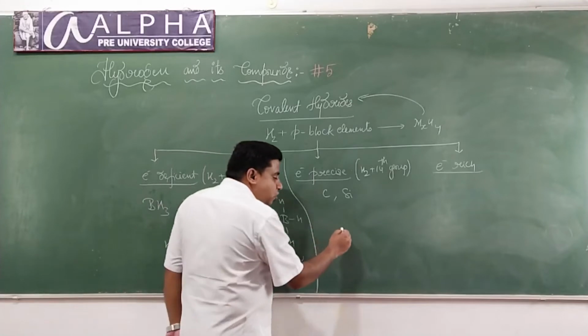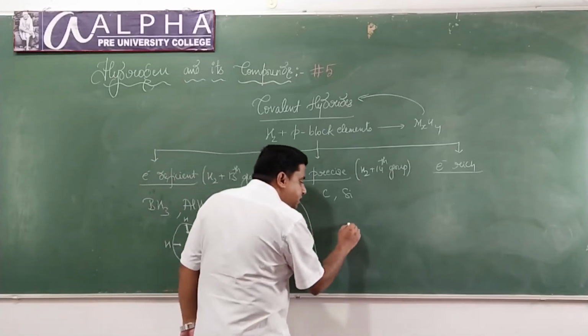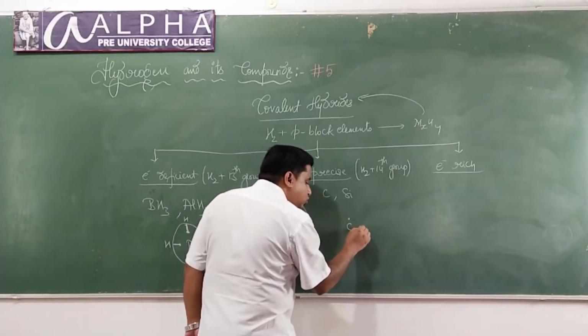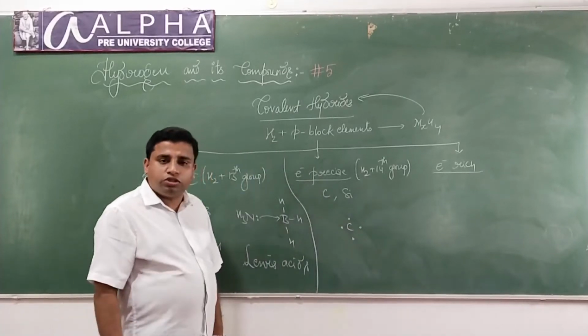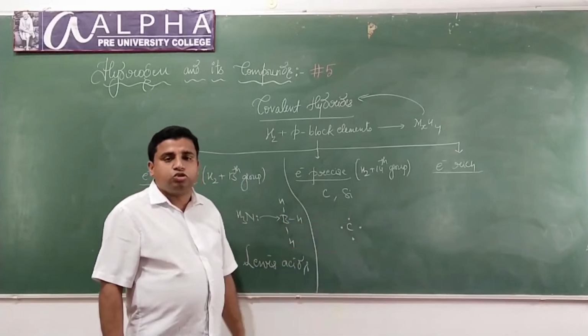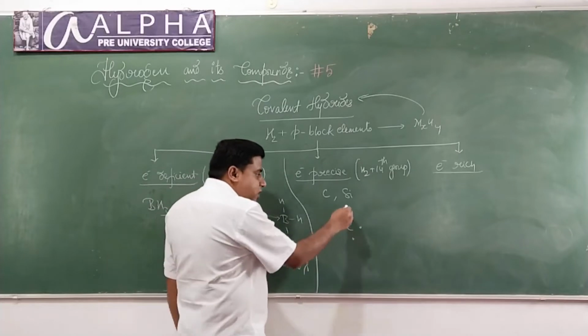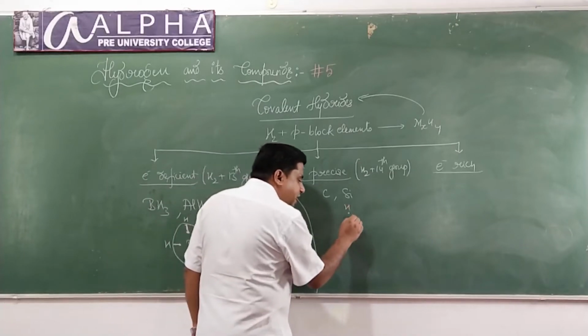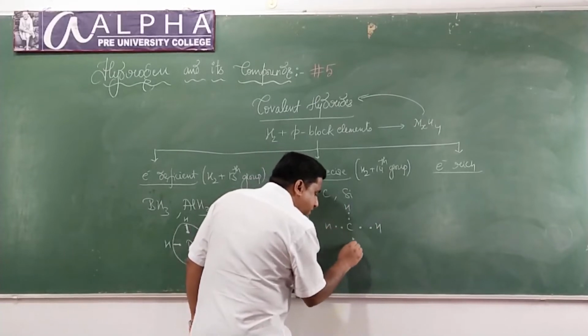If you write the Lewis dot structure of carbon, we know carbon has 4 electrons in its outermost shell. This carbon will share 4 electrons with 4 hydrogen atoms, and it forms methane.